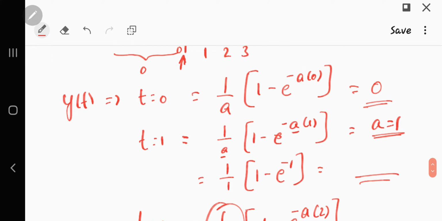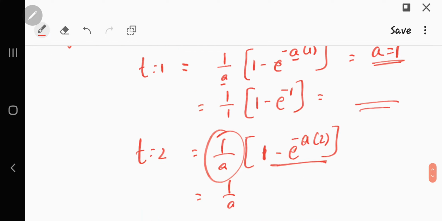Based on this, your signal will be a growing exponential, because in 1 minus e to the power of minus a t, whatever the value this exponential will be, that will be less than 1 only. So that means you will get some value here that will be subtracted from 1, and then it is multiplied by the scale factor 1 by a.